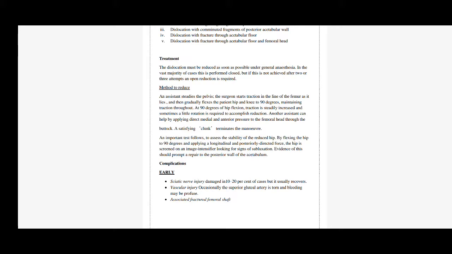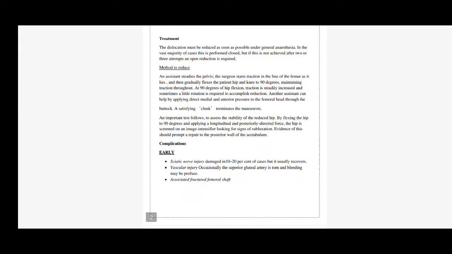Sometimes another assistant is needed to pull the proximal femur, applying traction medially, then you feel a clunk which terminates the maneuver. After this, is the maneuver complete? No, we should check by telescoping movement.